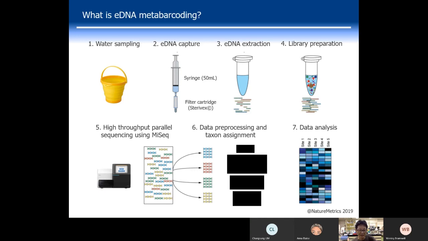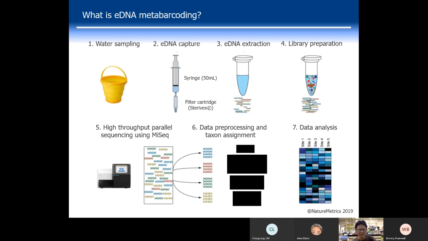This is a schematic presentation of eDNA metabarcoding, which begins from water sampling, captured through a syringe and a filter. We can collect eDNA on the filter, from which we can extract eDNA, which can be subjected to normal molecular analysis.